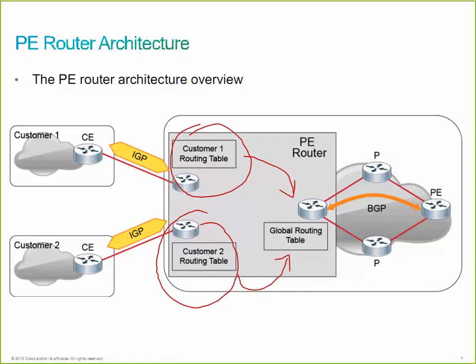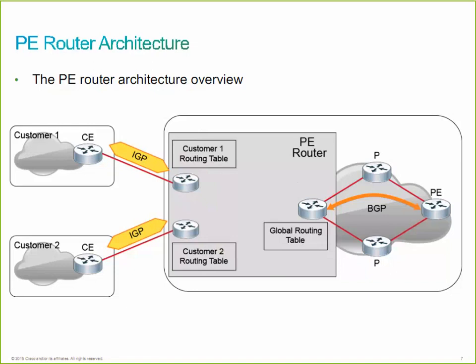As long as they're in separate VRFs, there's no need to worry about uniqueness, because they're logically separated into different routing instances. But as soon as I distribute those routes into the global routing table, I run into the problem of uniqueness. Especially if customers have overlapping address space, the routing would not work. It just simply wouldn't work, okay?